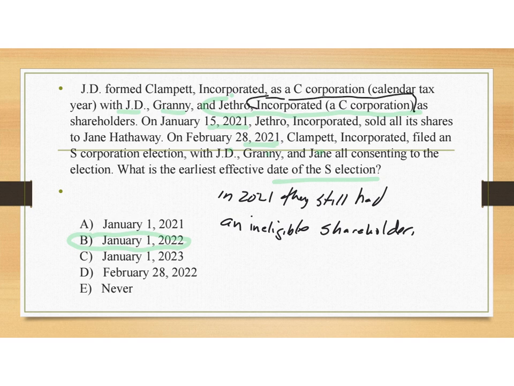Even if it's only one day, you can't make a valid S election as long as you have an ineligible shareholder. So their S election is not valid until 2022, since they don't have any ineligible shareholders in 2022.